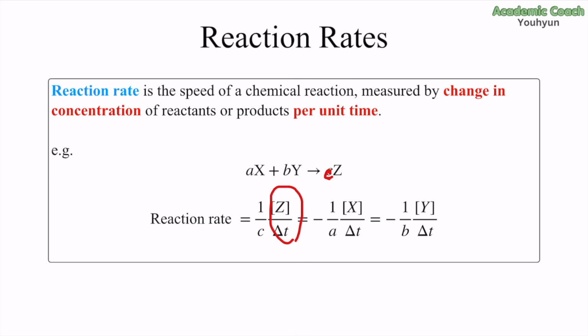And we're going to do the same for X and Y. So here I get change in the concentration of X over t divided by a, and change in the concentration of Y over t divided by b.